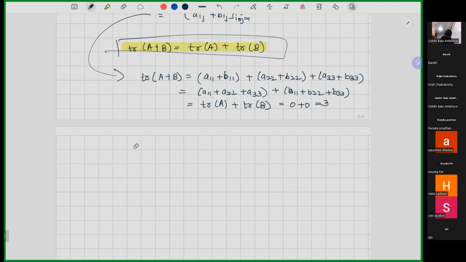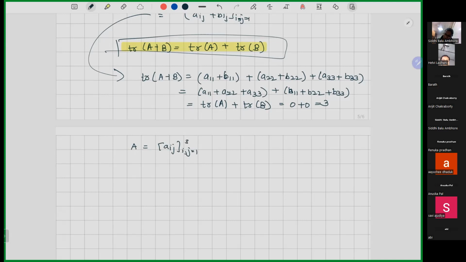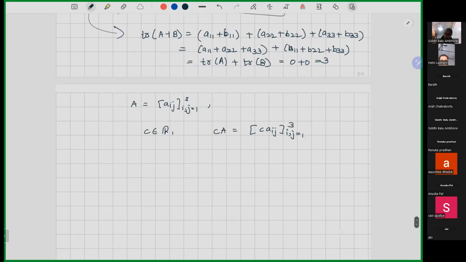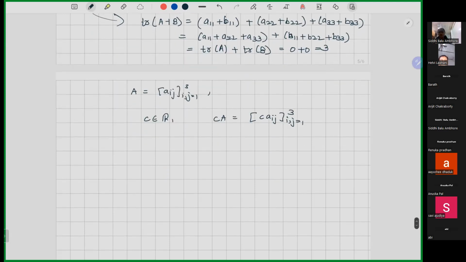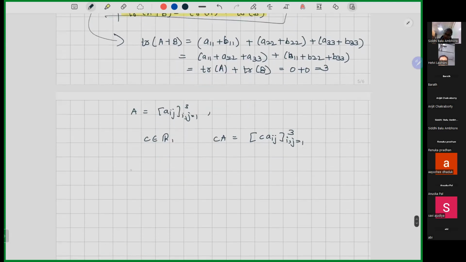So if A is (Aij), i, j from 1 to 3, and if I take c in R, then cA is obtained by multiplying c to each entry of A, and then we will do our further work. Okay, so now we want to check whether cA is in W or not.